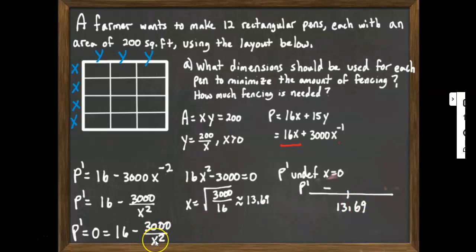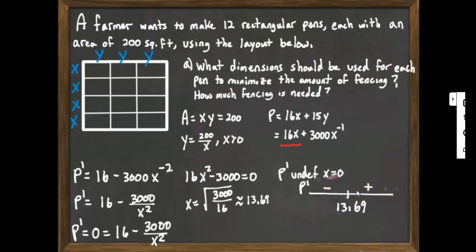So, I don't know, put something like 100 in. That would be 3,000 divided by 100 squared. 100 squared would be 10,000. 3,000 over 10,000 is 0.3. 16 minus 0.3. Yep, definitely positive. And that also kind of lines up with our idea. If we let x get ridiculously big, the amount of material should be absurd. And that's what our model is laying out. So yes, this really is a minimum amount of material.